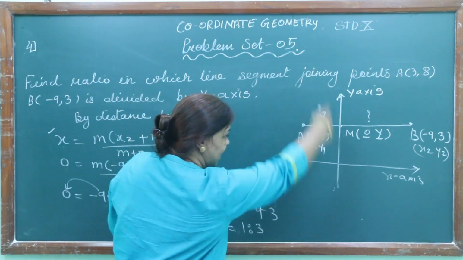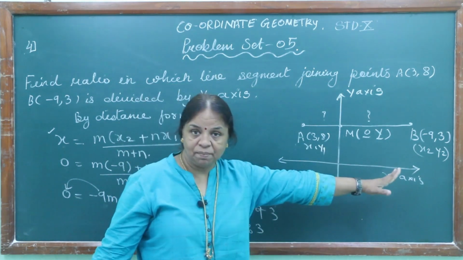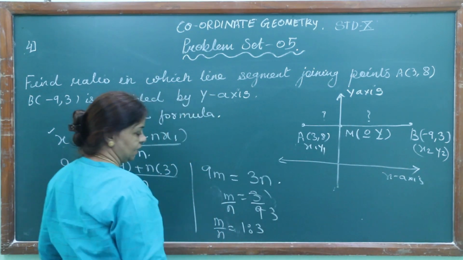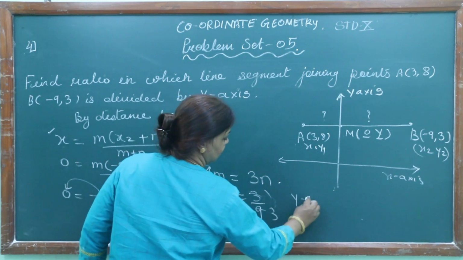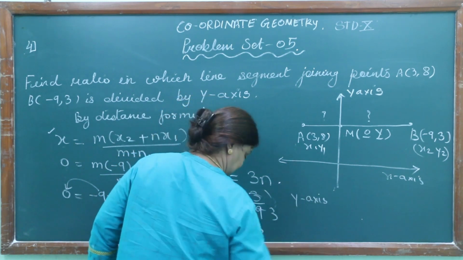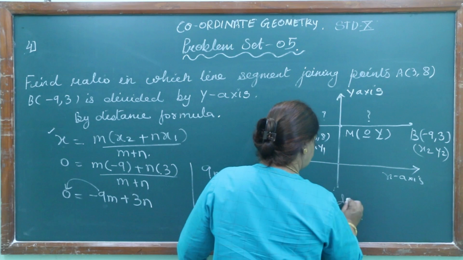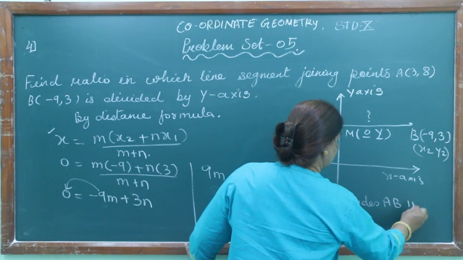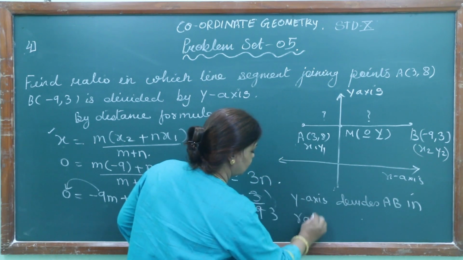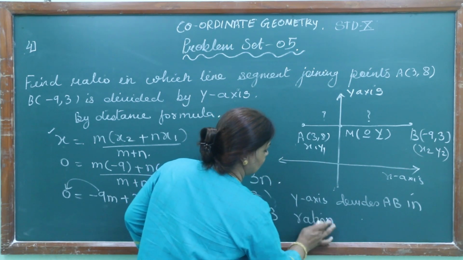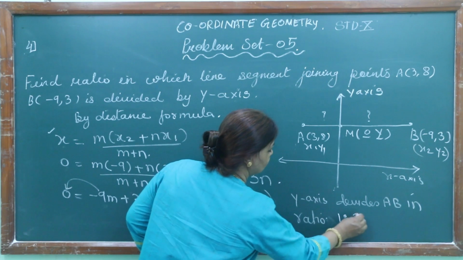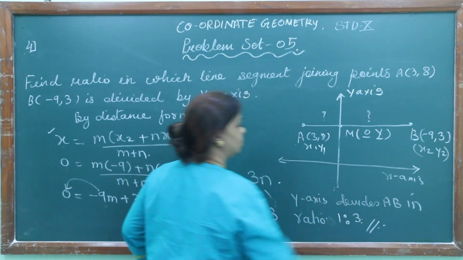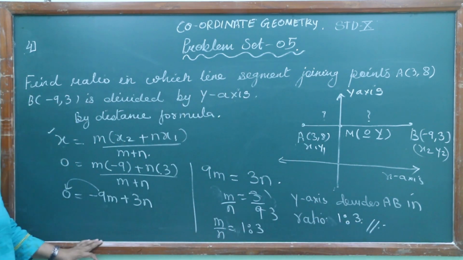So the y-axis will divide line AB in the ratio 1:3. So you can write here: y-axis divides AB in ratio 1:3. You can pause and you can solve the sum, children.